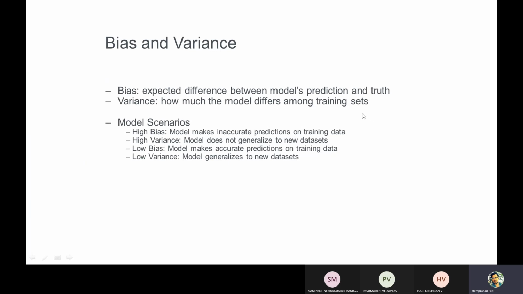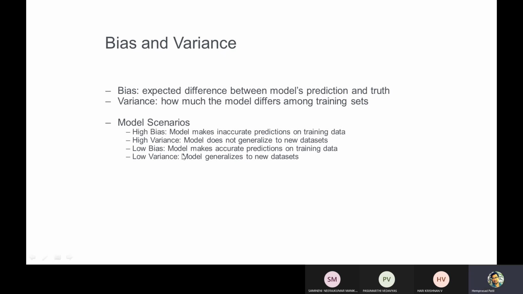If I use a different subset of the original data set, how does it vary? So if there is high bias, then the model makes inaccurate predictions on training data. On training data itself, it is not performing well.